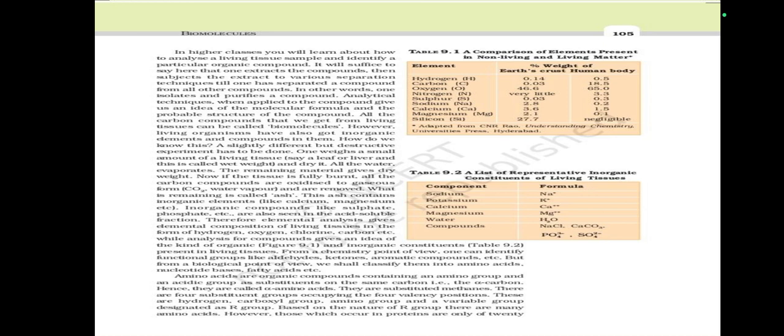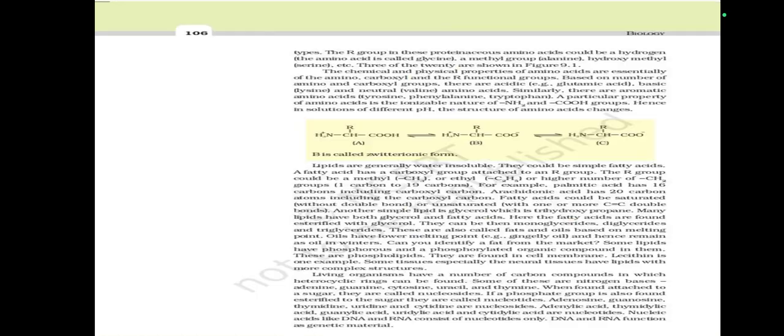Based on the nature of the R group there are many amino acids, however, those which occur in proteins are only of 20 types. The R group in these proteinaceous amino acids could be a hydrogen. The amino acid is called glycine, or a methyl group, alanine, hydroxymethyl, serine, etc. Three of the 20 are shown in figure 9.1.